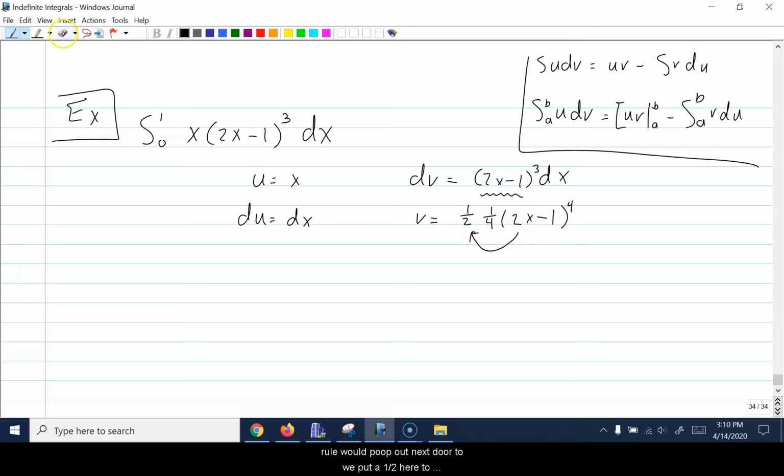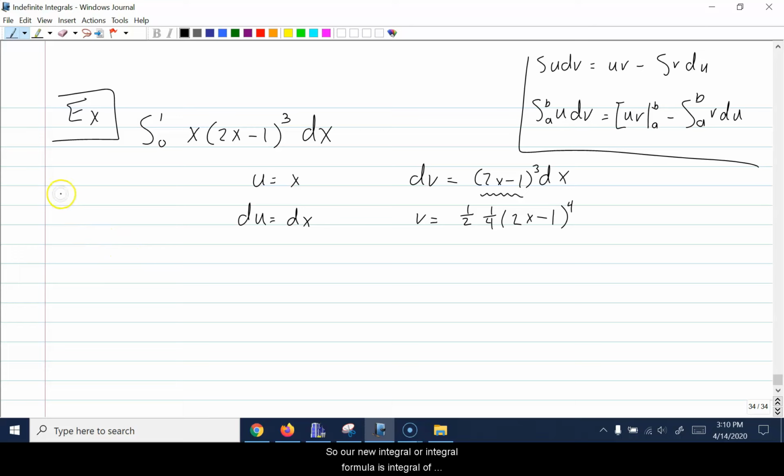We put a 1/2 here to cancel it. This is the exact same as when we were integrating e to the 3x and got 1/3 e to the 3x, or maybe the number wasn't 3. I don't remember, but it's the same type of deal. The derivative of 2x minus 1 is just a constant. We can fix that constant doing what is basically that substitution all in one step.